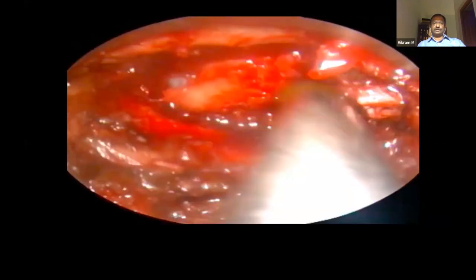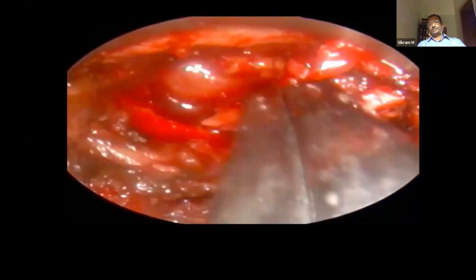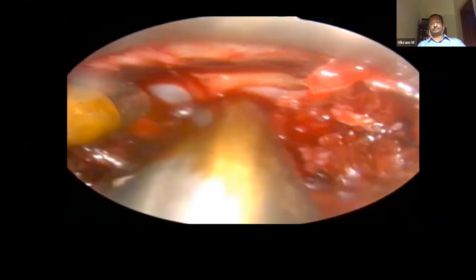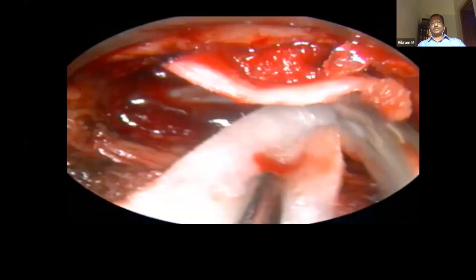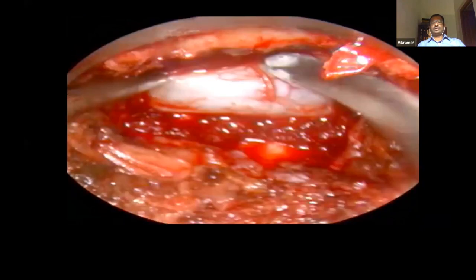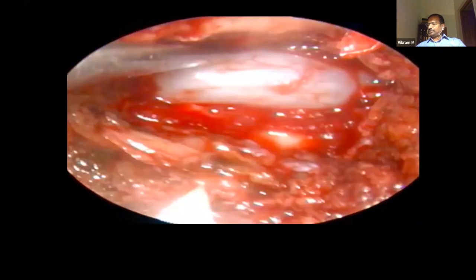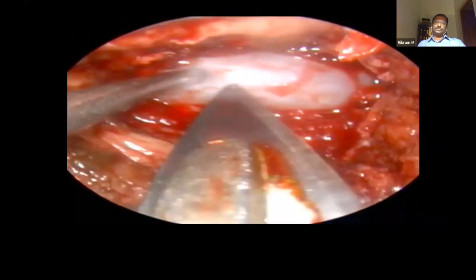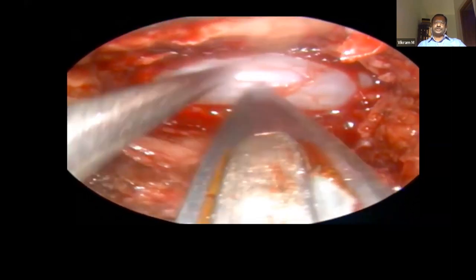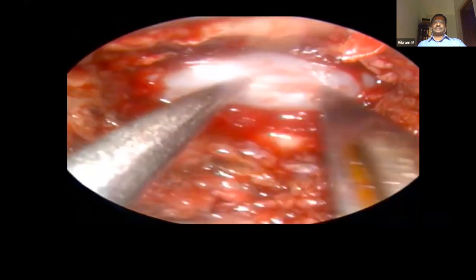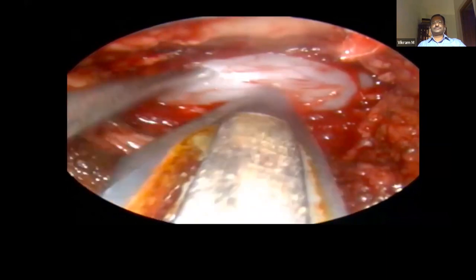This is after laminectomy. Ligamentum flavum removed, widened. This is more similar to how we do a hemi or quadrilaminectomy and removal of the tumor, except we use the tubular retractor to minimize the extent of muscle dissection and damage to the muscles.